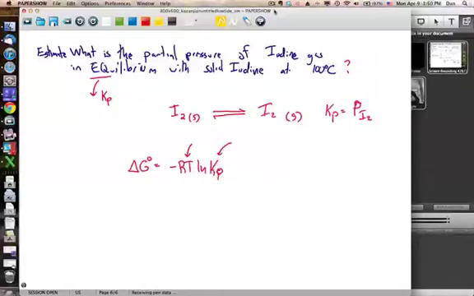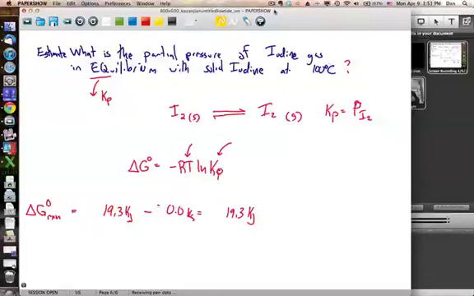So let's take a look at how this would work. We can go to our books and determine that the delta G naught of this reaction would be equal to that of the iodine gas, 19.3 kilojoules, minus the starting condition, which would be 0 kilojoules for iodine solid. It says that the delta G of this is 19.3 kilojoules per mole of iodine at standard state.